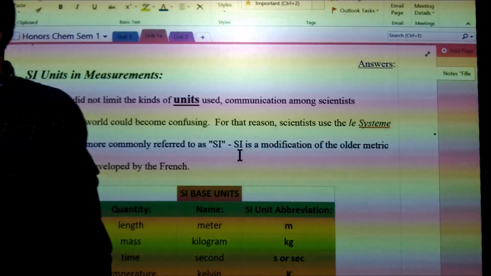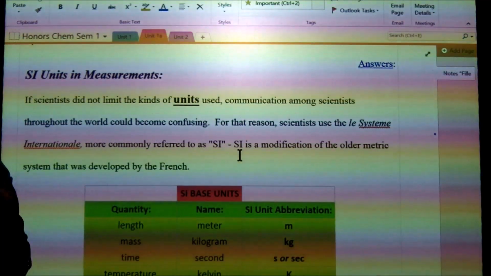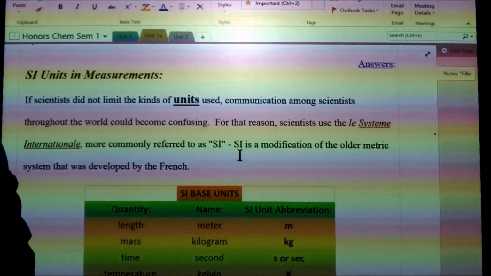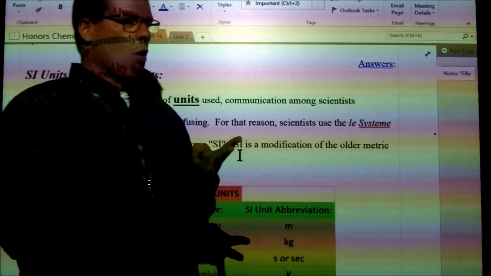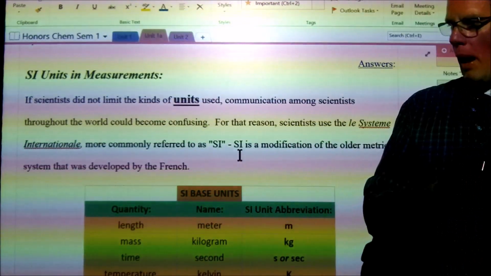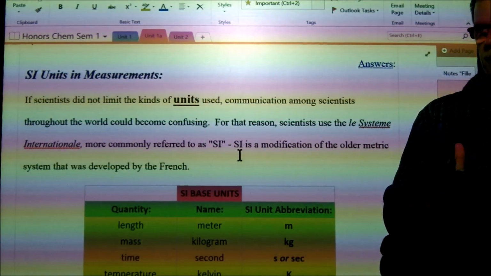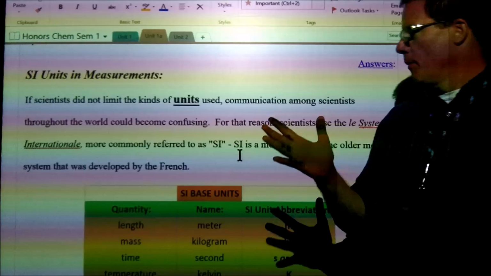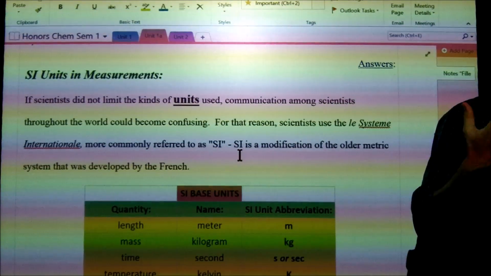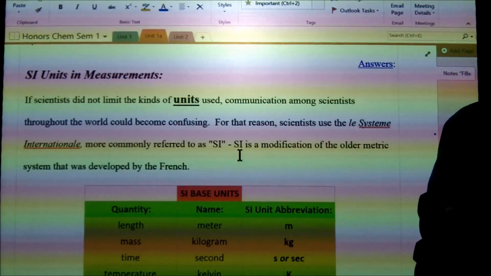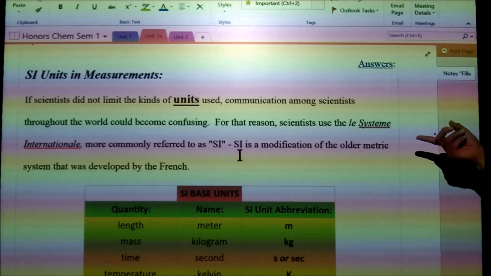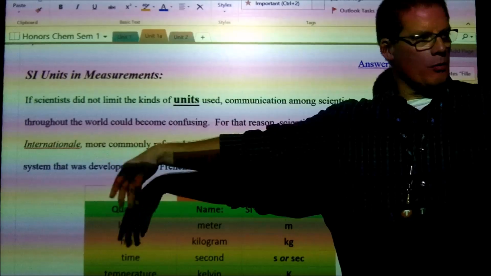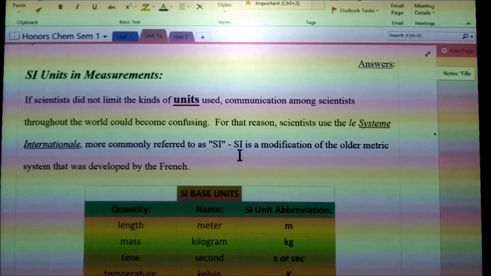Everybody but the United States uses kilograms, meters, liters, all that stuff. We still use pounds, miles, all that. So the scientific world, at least, will use the metric system, the international system, the SI.